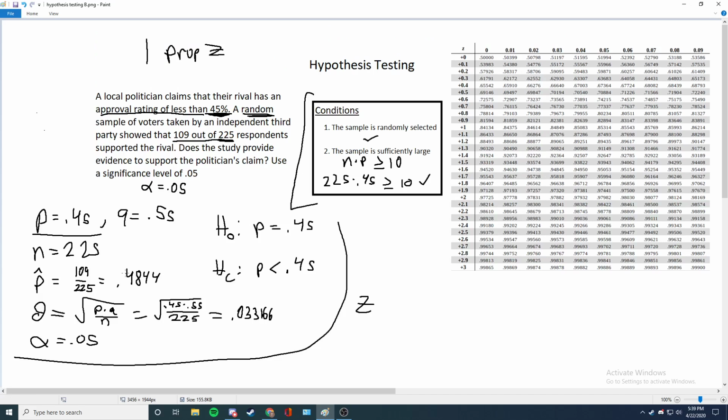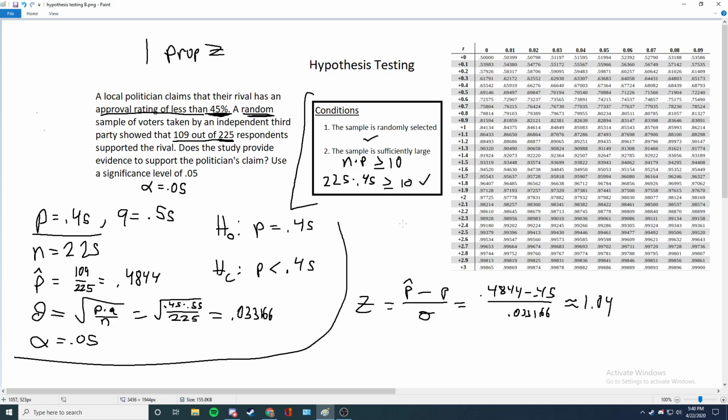Remember, we take our p hat, subtract p, all over the standard deviation, which with our numbers, that gets us 0.45 minus, I'm sorry, I mixed those up, 0.4844 minus 0.45 all over the standard deviation of 0.033166, which gets us z about 1.04.